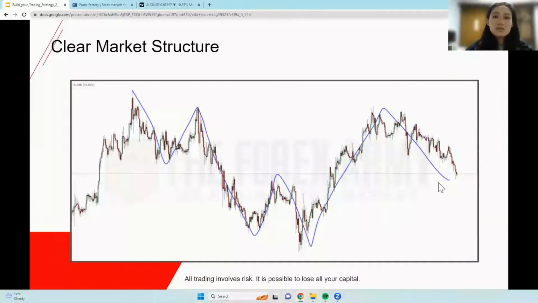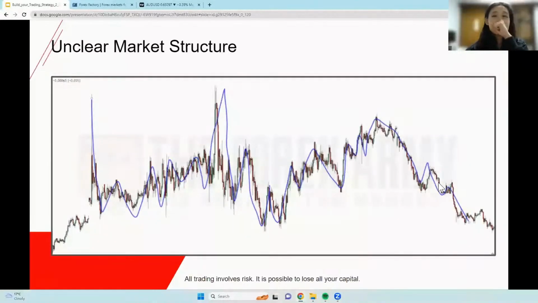And this is an example of an unclear market structure. You can see the markets are really choppy, and you can't really see the shape of the chart very clearly.